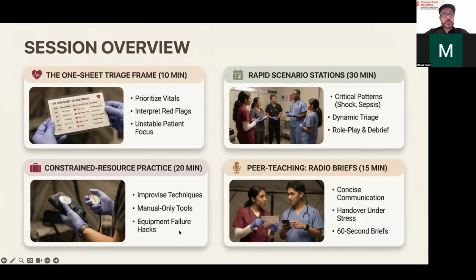We're going to take some 20 minutes to discuss how you practice with improvised techniques, with manual only tools, and what to do when you have equipment failure. Additionally, we're going to be talking about some critical patterns like shock and sepsis, how you do a dynamic triage, and then lastly, how you do concise communication. How do you hand over after stress?